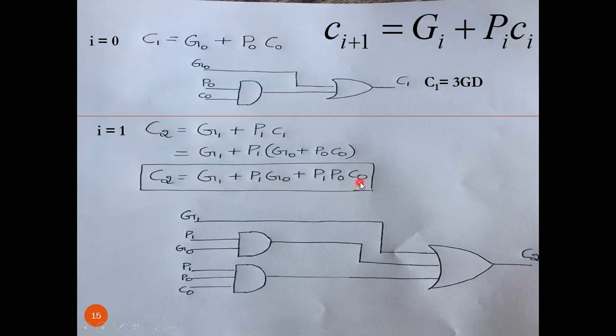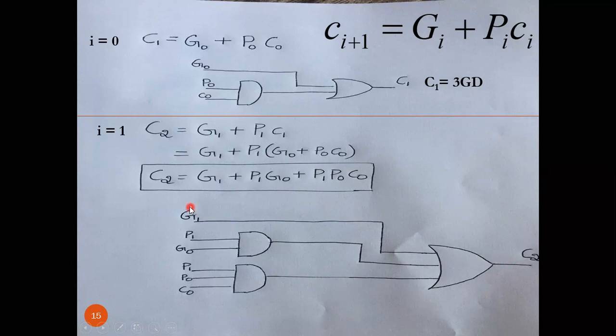Let it be C0, because C0 will always be the initial carry, which is 0. Now, let us draw the circuit for this and check the delay required to produce C2. So P1, P0, C0 go to a 3-input AND gate, and P1, G0 go to a 2-input AND gate, and again we have G1 connected to the 3-input OR gate.